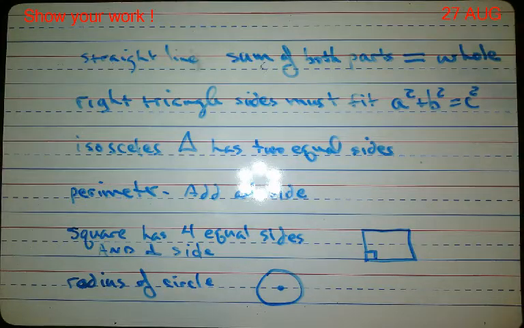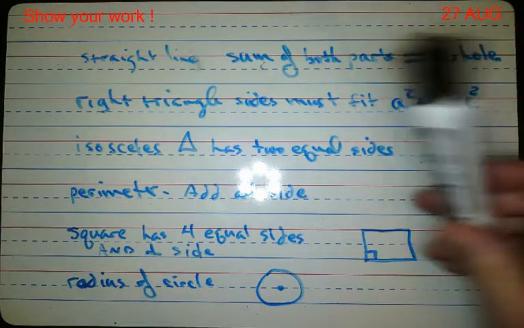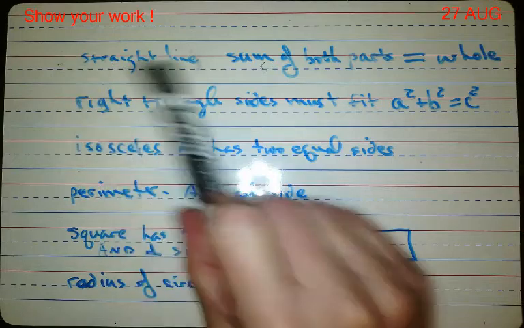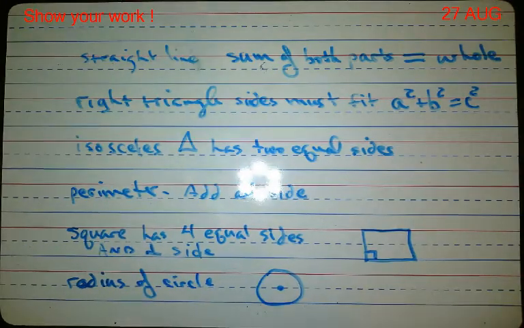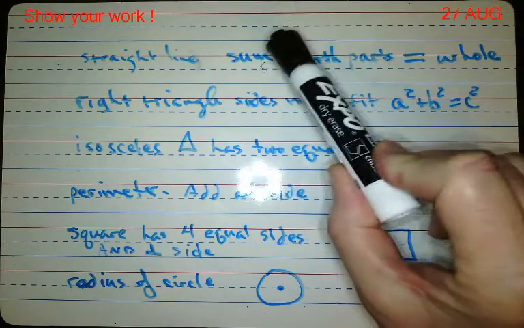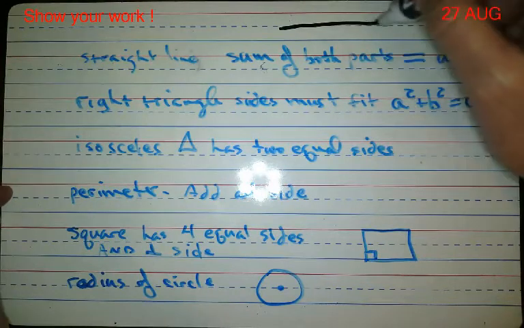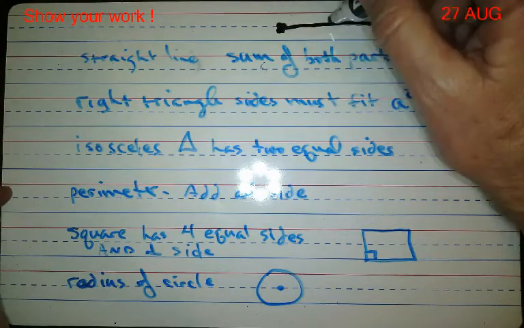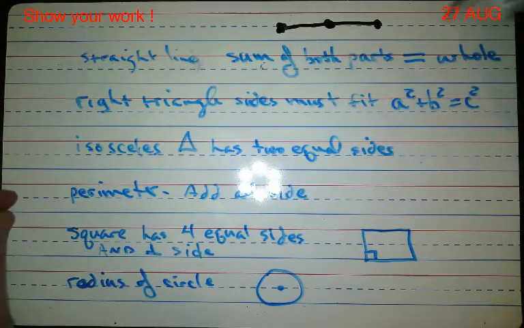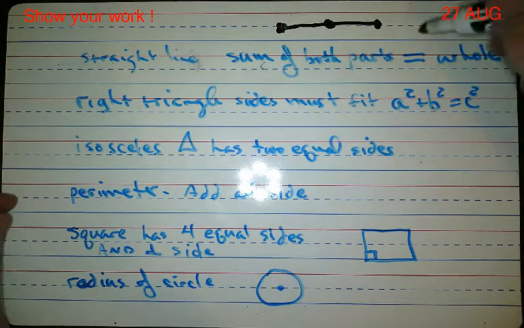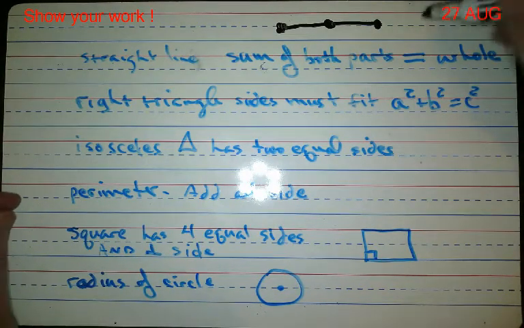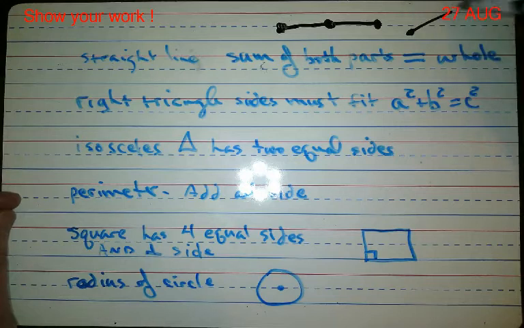Right? So the first one that you have to know is if you're trying to prove something is a straight line and they give you coordinates on the line, so you've got a dot here, and a dot here, and what you're trying to decide is, is it on a straight line or is it on a curved line?